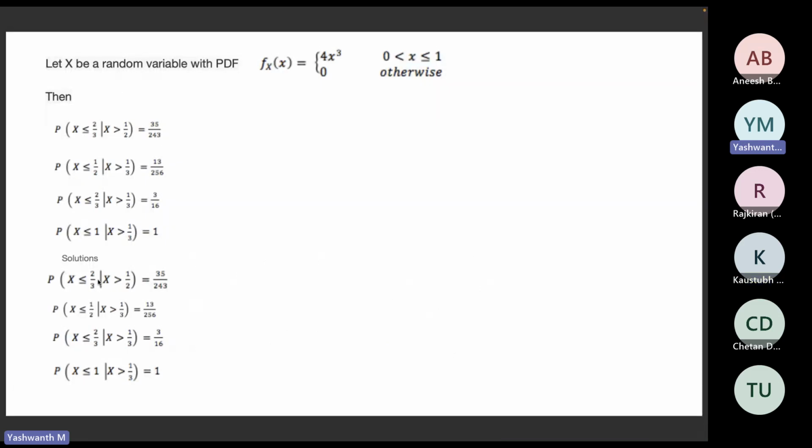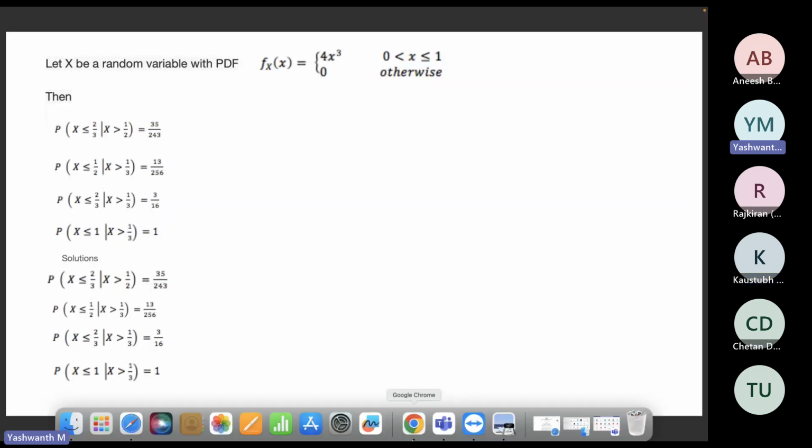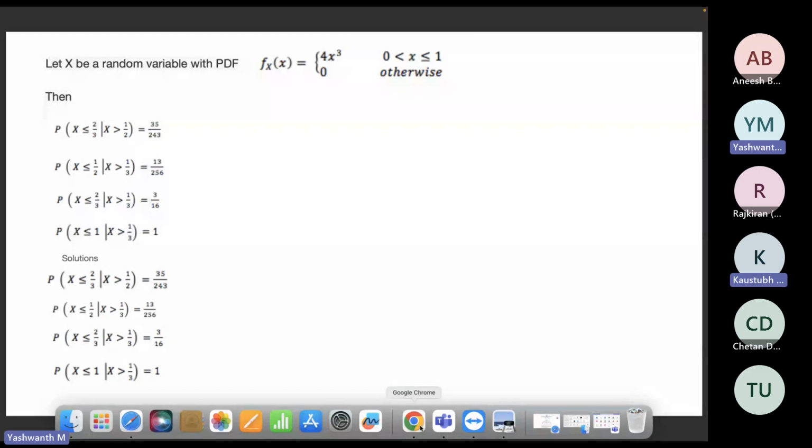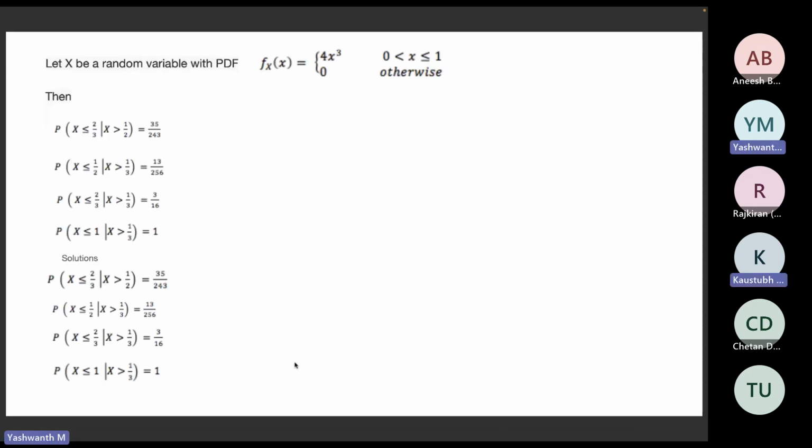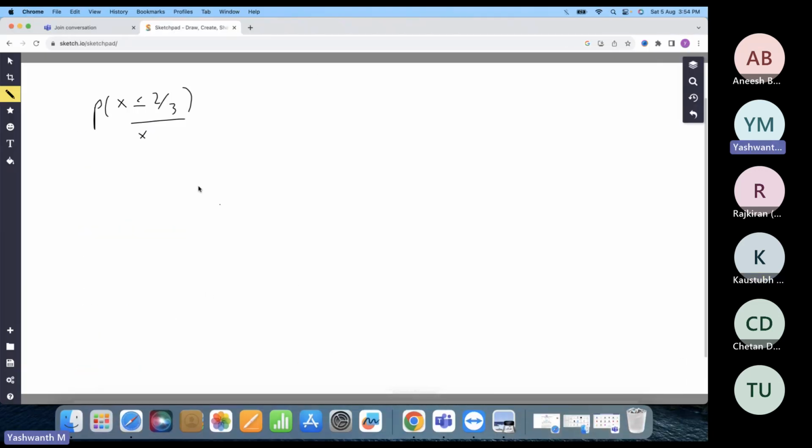So, the probability that x is less than or equal to 2/3 given x greater than 1/2. Okay, this is what you have to write.